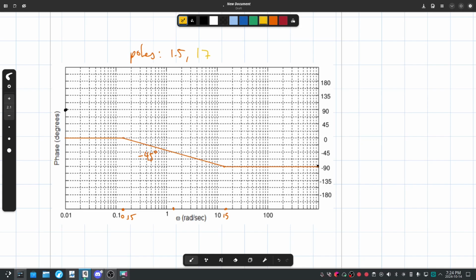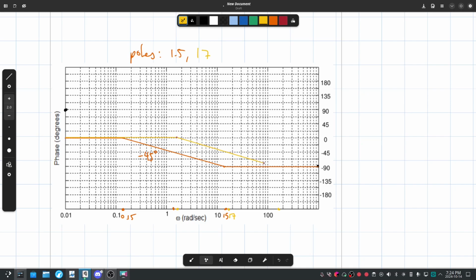And we repeat this process with 17. So here's 17. We're going to do 1 decade above, 1 decade below. And we're going to have our line here come across like that. It's going to decrease once again at a rate of negative 45.